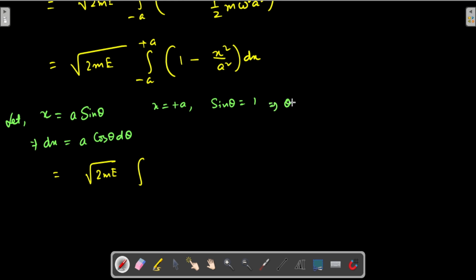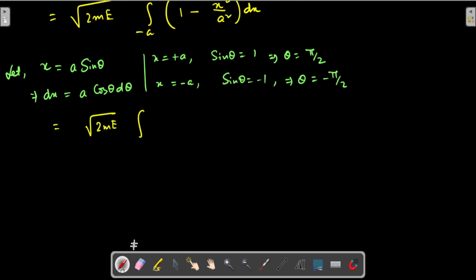That means theta equals pi by 2. And for x equals minus a, sin theta becomes minus 1, and theta will be minus pi by 2. These are the ranges of the integration, and the limits are minus pi by 2 to plus pi by 2.